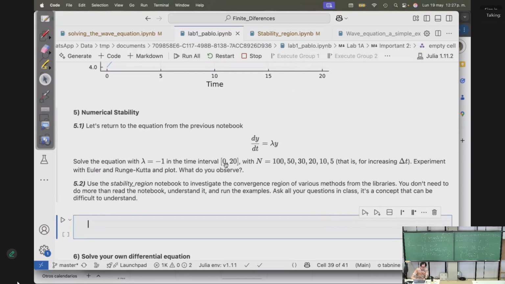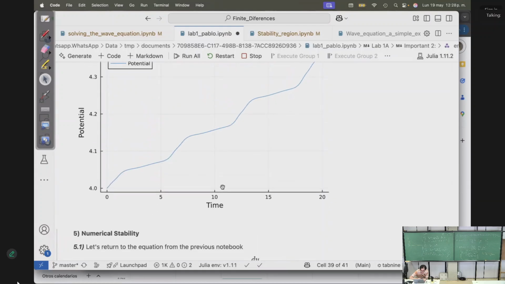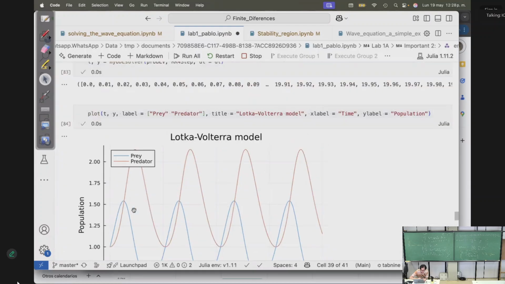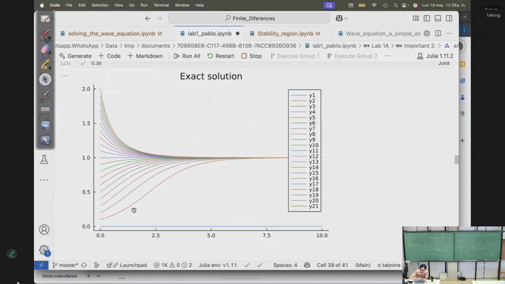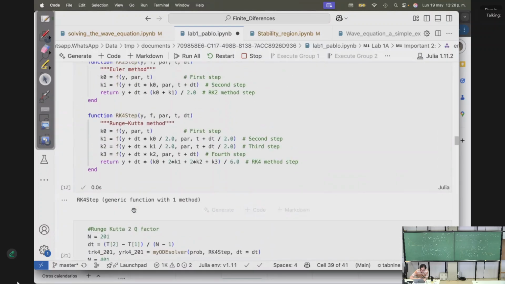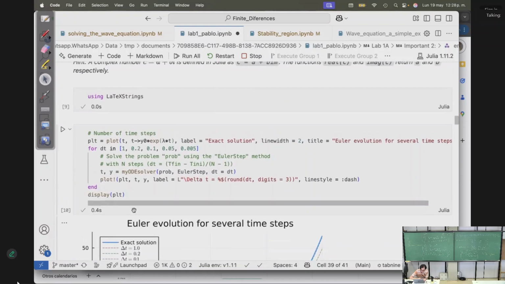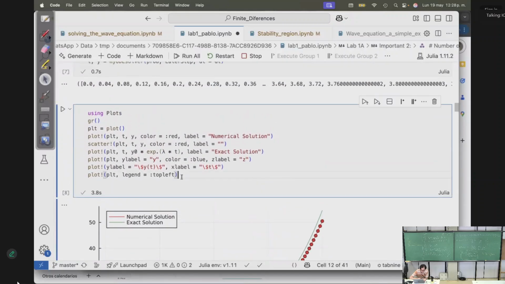So we will define here, we had before the exponential growth, this is what we were talking about here, the stability region notebook, and just simply copy and paste the first problem here, okay.